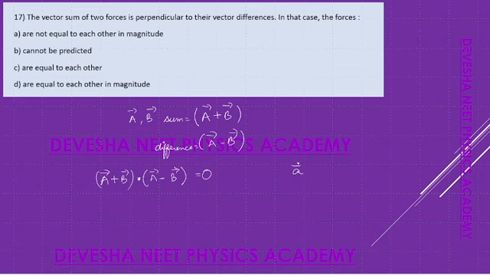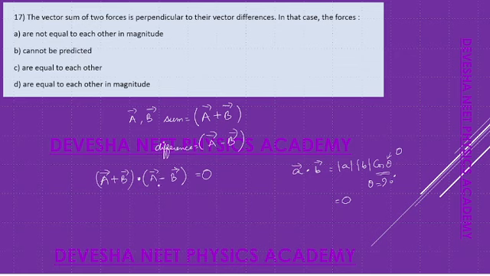Because A B cos theta, if theta is equal to 90 degrees, then the entire thing becomes 0.